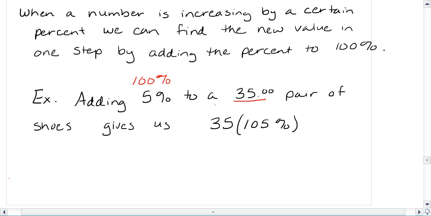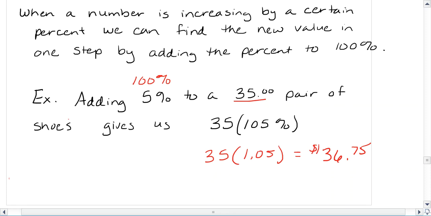So we want 100% of the cost plus another 5%. So of course, changing this to a decimal gives us 1.05. And then if we multiply that, we get $36.75. Now, this is the way I calculate it, all in one step when I'm adding on sales tax or whatever. So it's just a nice way to do things in one step.